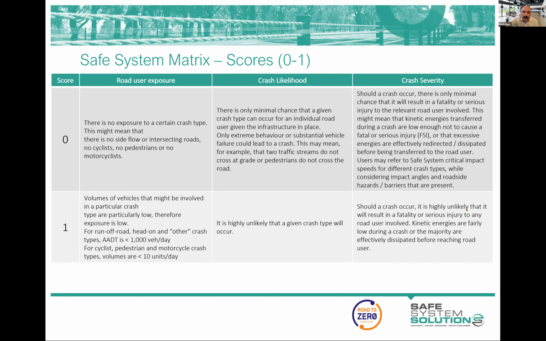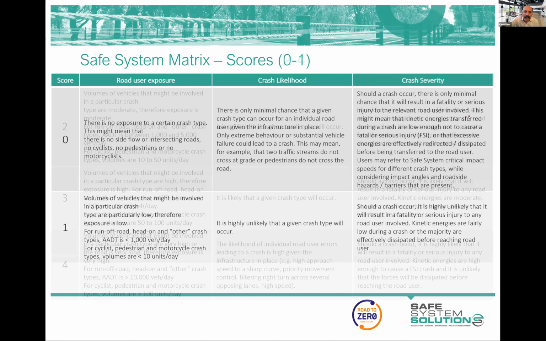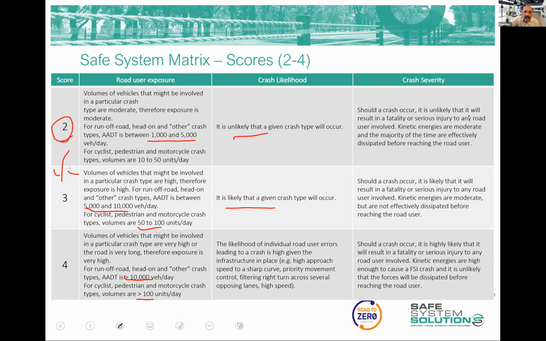A 2, it is unlikely. A 3, it is likely. And a 4, should a crash occur, it is highly likely that it will result in fatality or serious injury for any road user involved.